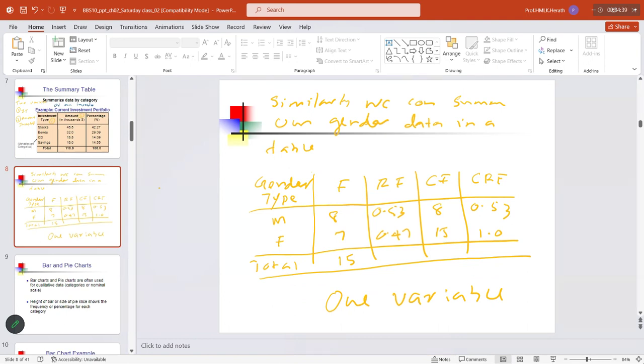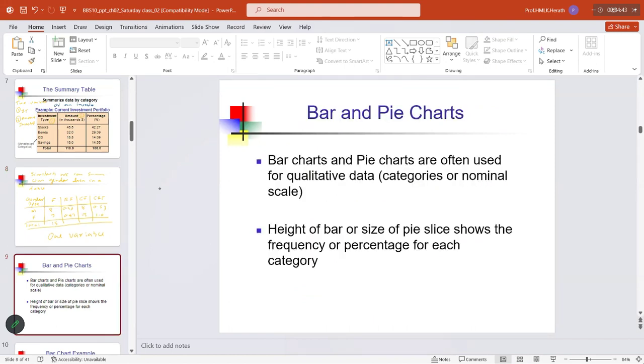These graphs are usually bar charts and pie charts. We use them to summarize qualitative, categorical data, which are in the nominal scale, and also the ordinal scale.